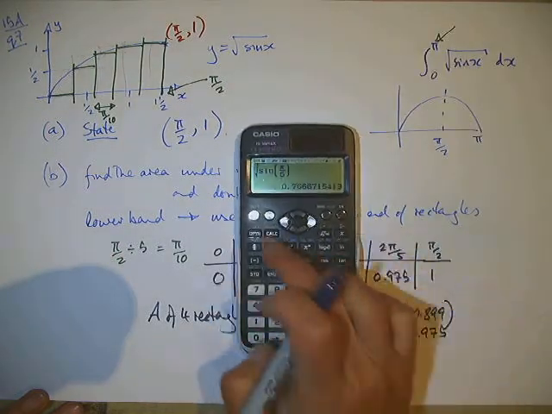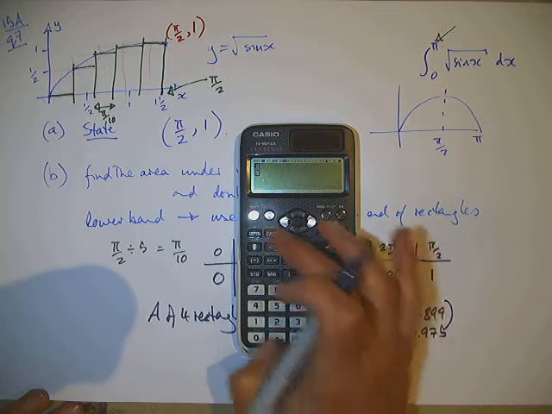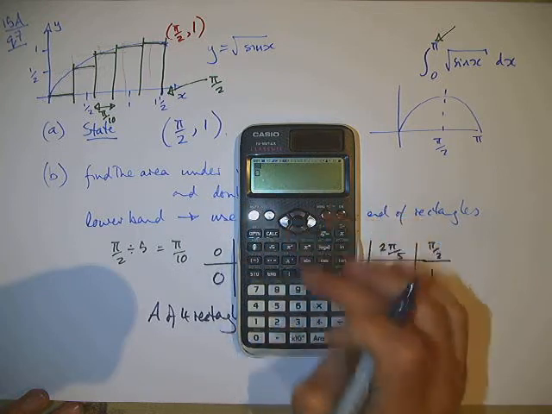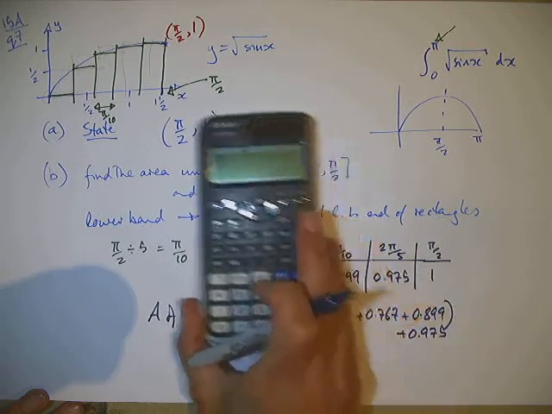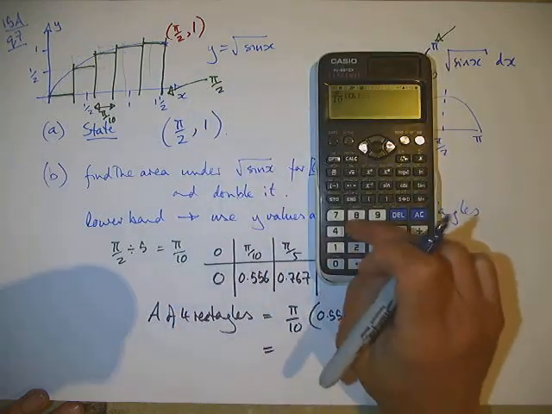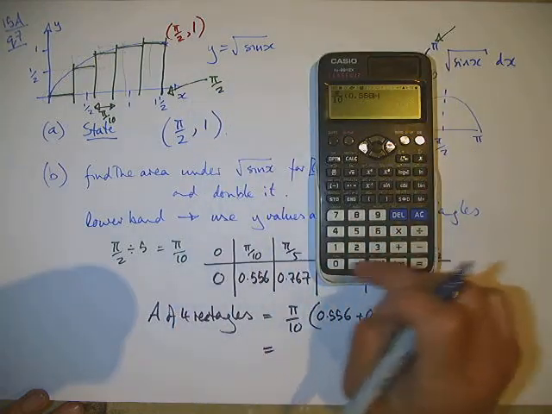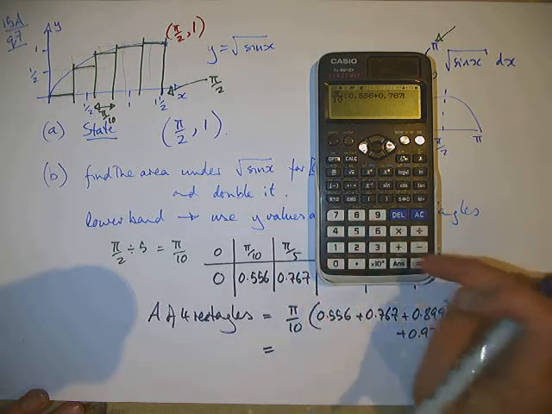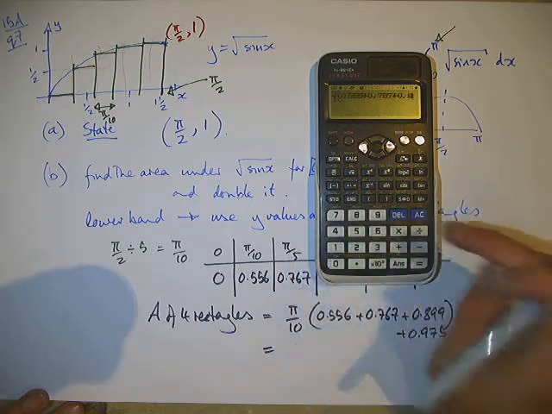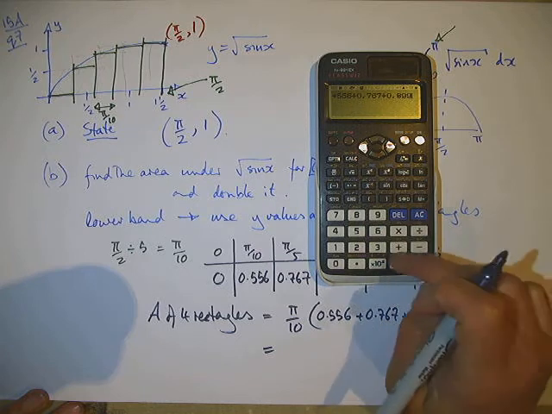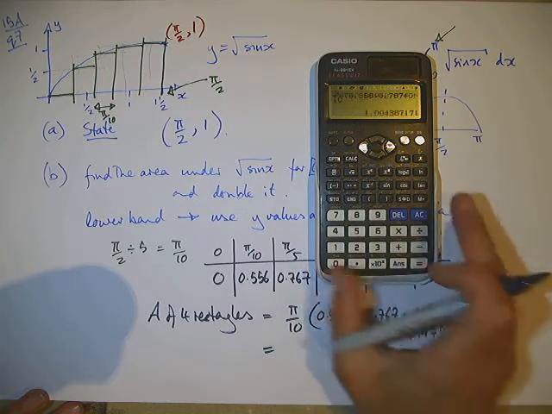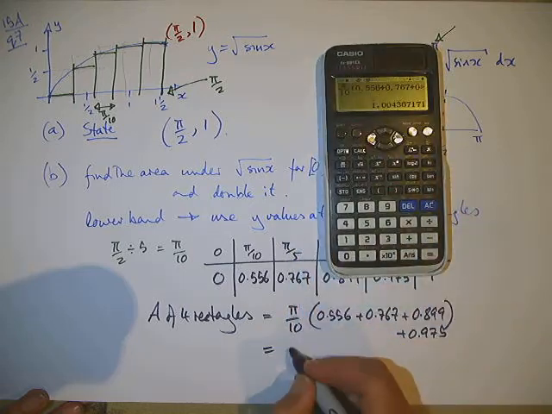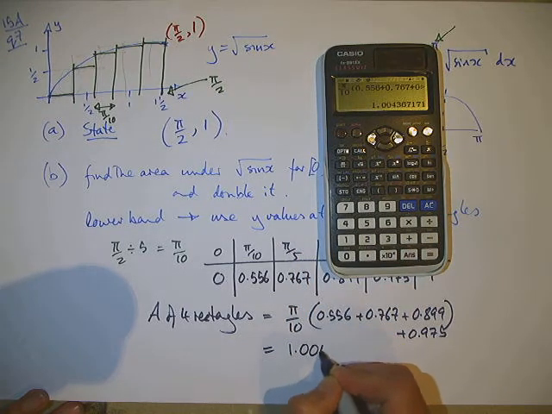So if I type in pi over 10 multiplying 0.556 plus 0.767 plus 0.899 plus 0.975, you get 1.004.